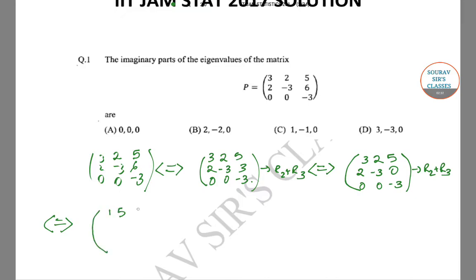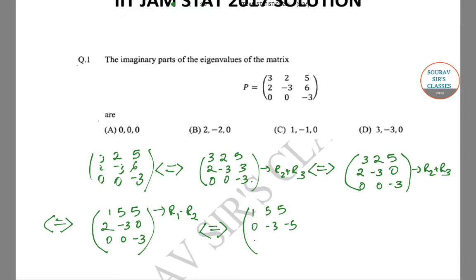Doing this once again, we get 1, 5, 5, 2, minus 3, 0 and 0, 0, minus 3. Now this is just R1 minus R2 in place of R1. Another time we get 1, 5, 5, 0, minus 3, minus 5, 0, 0, minus 3.